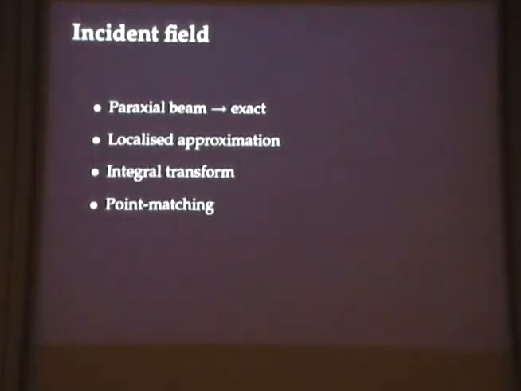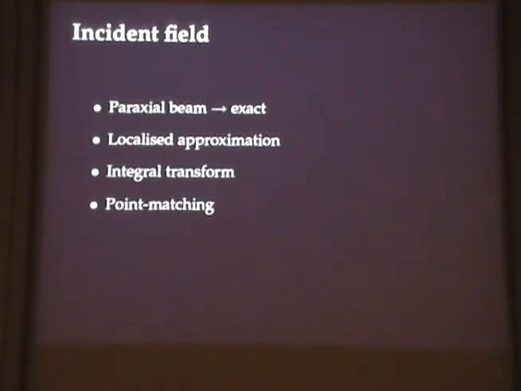The hard thing is the incident field. If I can calculate the T matrix, I need to find the incident field as well. This is often the hardest thing. There are actually many, many different methods we can use. There are methods based on trying to take some extension of a coaxial beam to an exact non-coaxial beam. We have the localized approximation, which you've got rather some detail on.